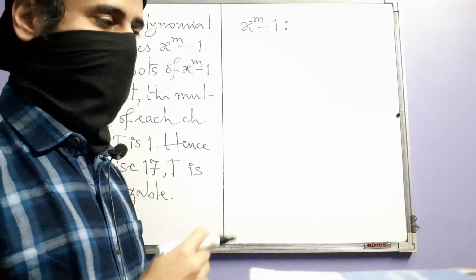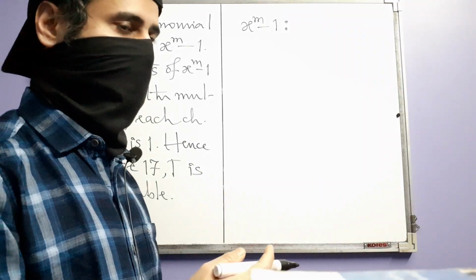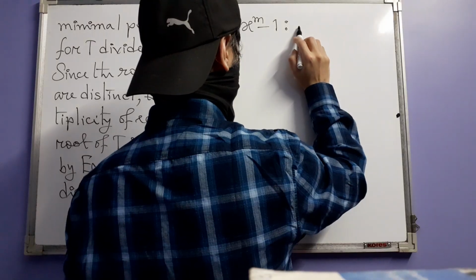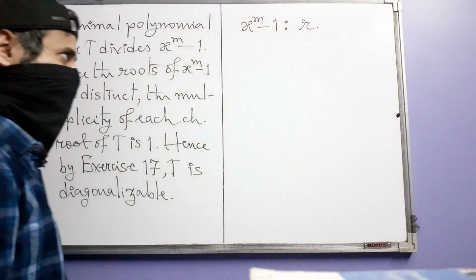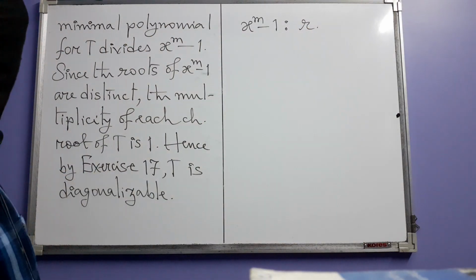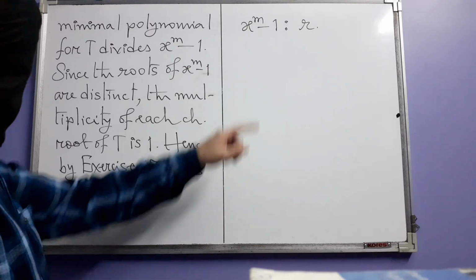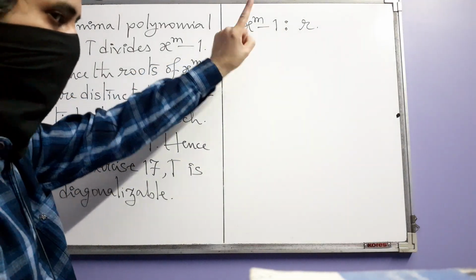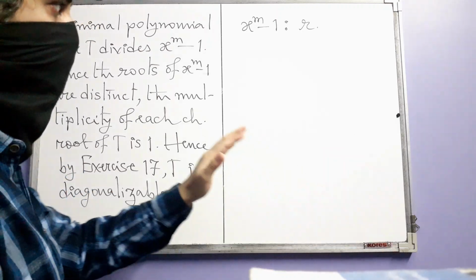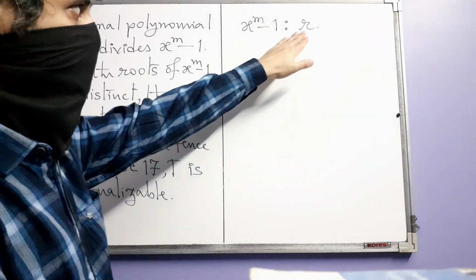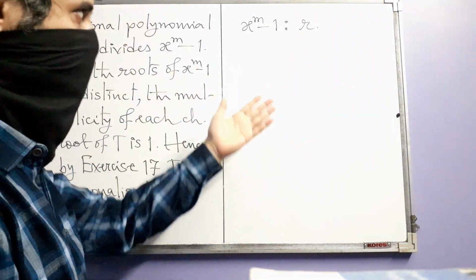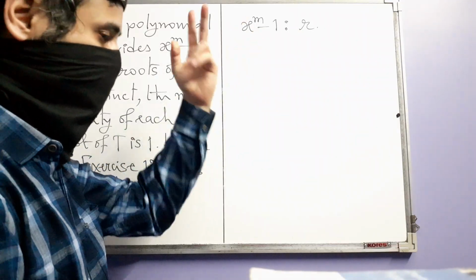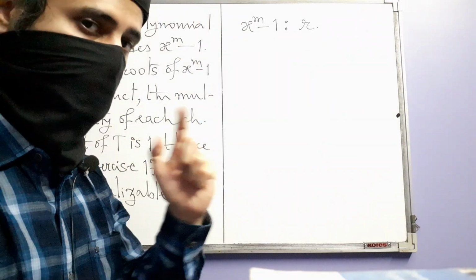Multiple root means a root whose multiplicity is more than 1. Say that root is r. Then recall from field theory that in that case, if you substitute r for x here, you will get 0 because it's a root. But at the same time, because its multiplicity is more than 1, if you substitute r in the derivative of this polynomial, then also you should get 0.